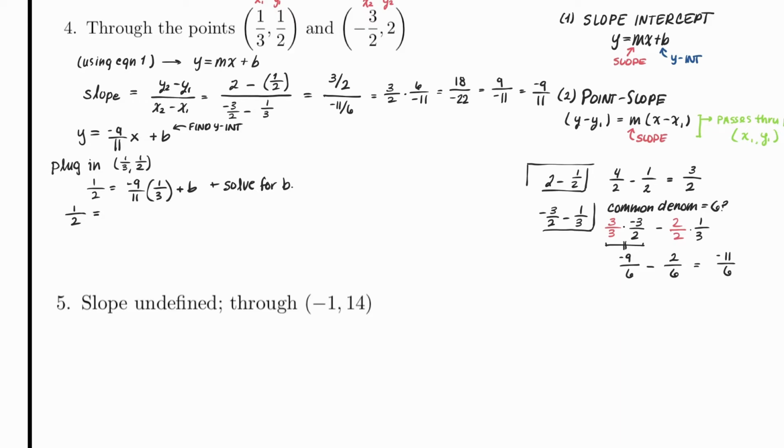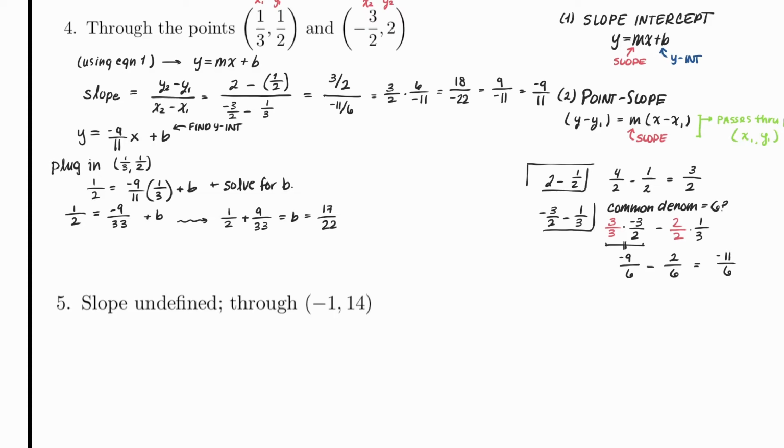So -9 times 1 is -9. 11 times 3 is 33. To solve for b, I'll add 9/33 to both sides. If you want, you can simplify this. If I put that into the calculator, this is 17/22.